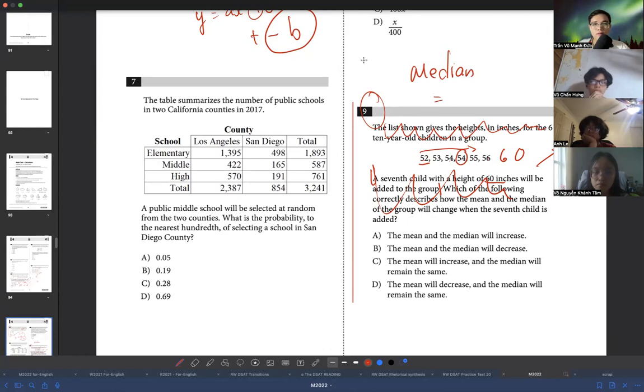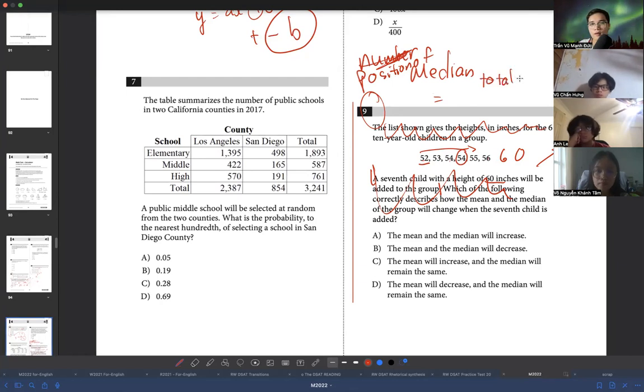The position of the median will be the total number plus 1, divided by 2. So 6 plus 1 divided by 2 is 3.5. So the median will be here.